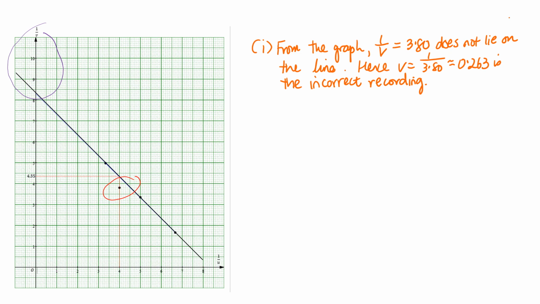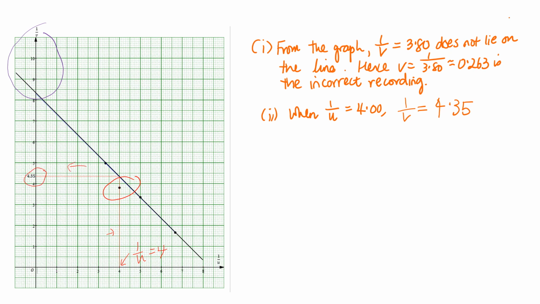So how do we find the correct value for your 1 over V? If you look at this point here, you just need to extend the line. When your 1 over U equals 4, you draw this line longer to touch the straight line, then draw another horizontal line to touch the 1 over V axis.